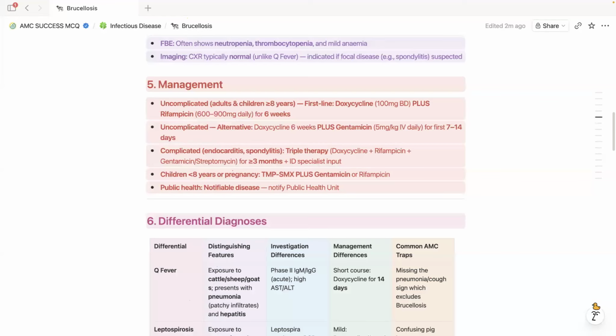For children less than 8 years and in pregnancy, we give trimethoprim-sulfamethoxazole plus gentamicin or rifampicin. And this is a public health notifiable disease, so we should notify it.